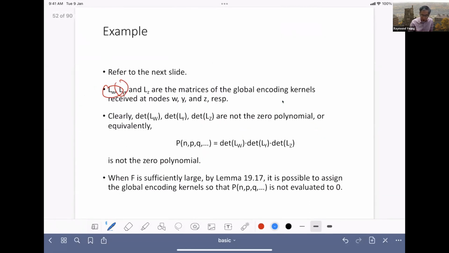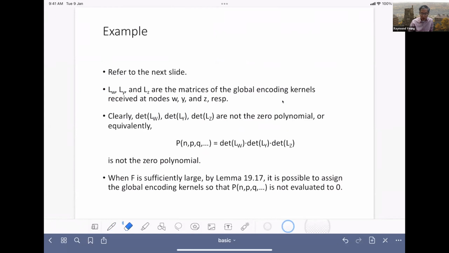But clearly, as explained before, we want all these three matrices to be invertible, or equivalently, their determinants are not equal to 0.